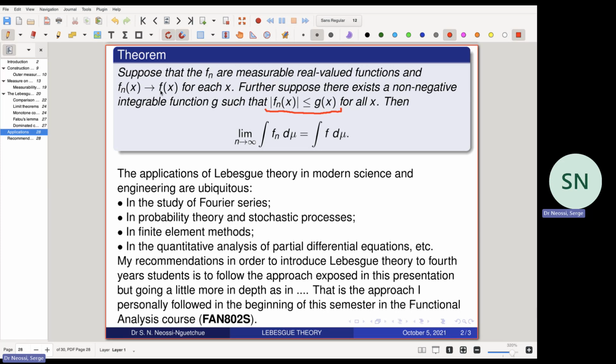Now, in the absence of the monotonicity of the function, or the fact that the function is increasing towards f, and also the absence of the positivity of the function, it is replaced by the dominance of the sequence of functions by an integrable function g. So that is the condition that replaces the missing hypothesis from the monotone convergence theorem.